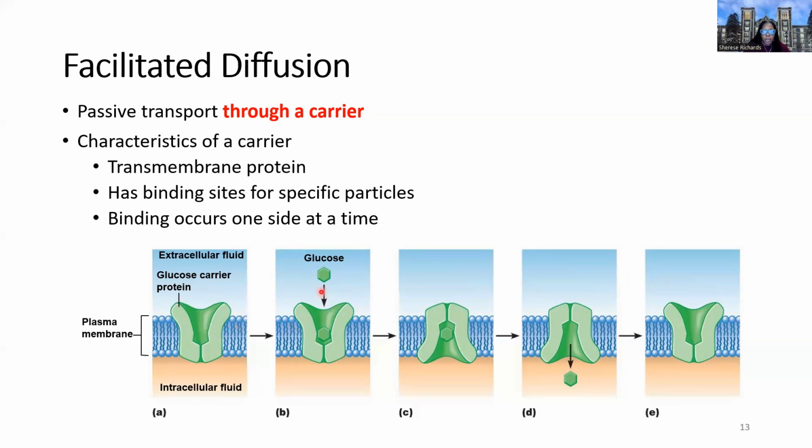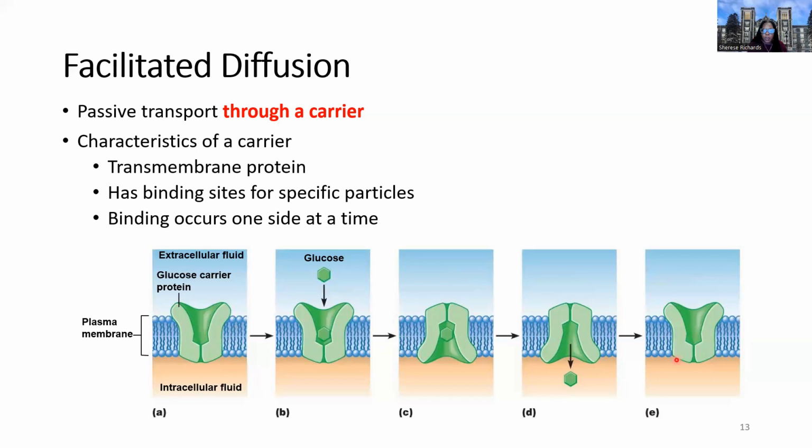It's going to bind glucose on one face of the membrane. It's going to undergo a conformational shift, and then it's going to kind of dump that glucose out on the intracellular surface of the membrane. And then it's going to go back to its original conformation. So this is how these carriers behave or work.